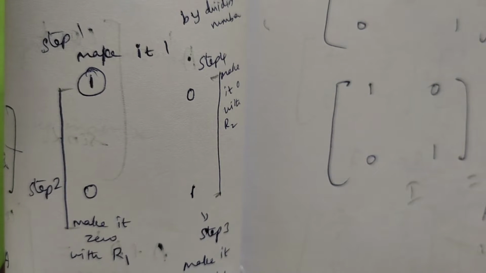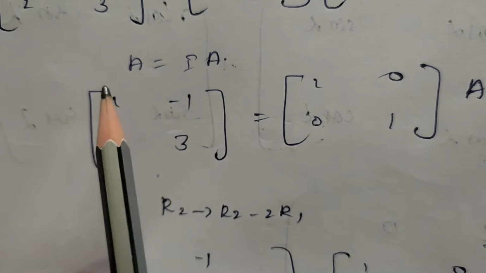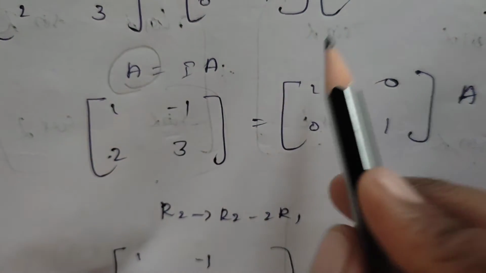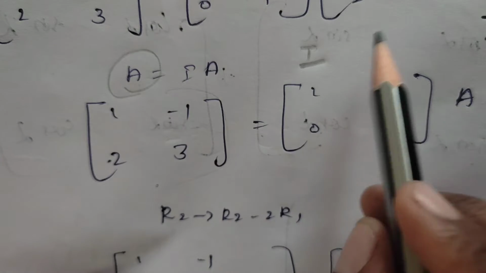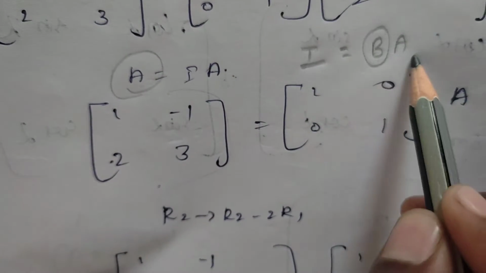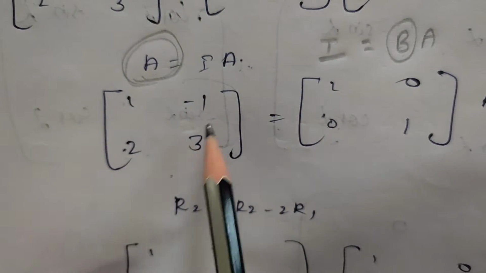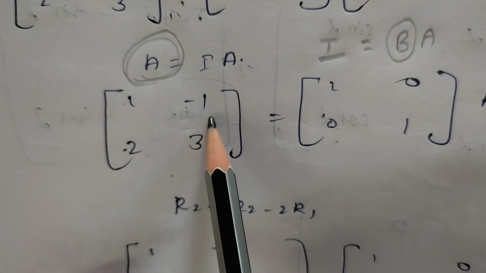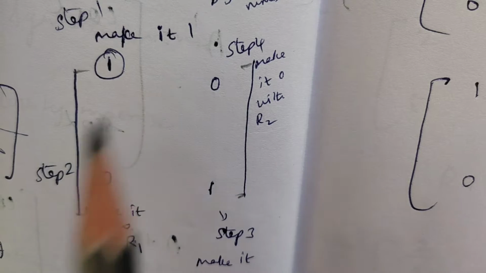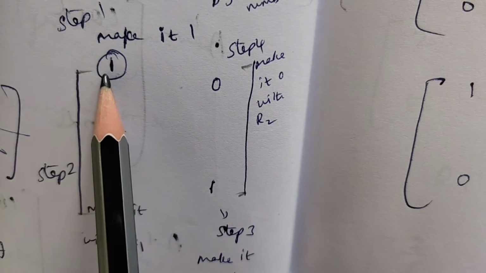A 2 by 2 matrix is given to us and we are asked to find the inverse of that matrix. We have to do A is equal to IA, and we should bring this A matrix to the identity matrix, like I is equal to BA, and this matrix B will give you the inverse of the matrix. So to make this square matrix A the identity matrix, we should follow these steps. First step, make the first element 1.